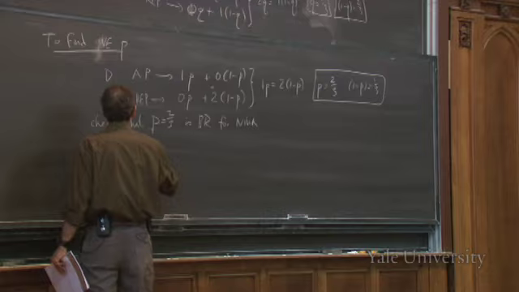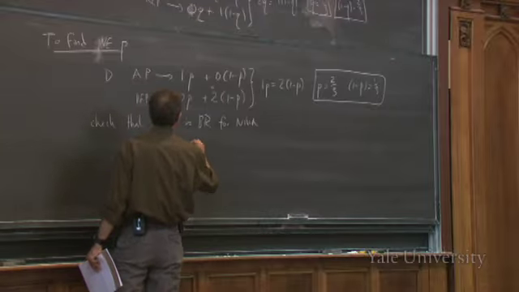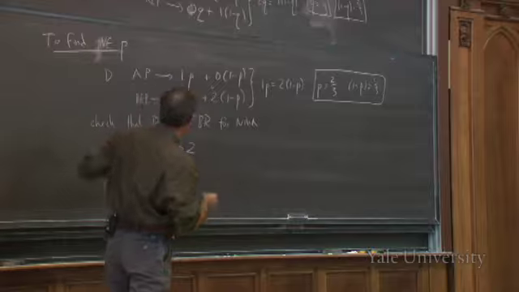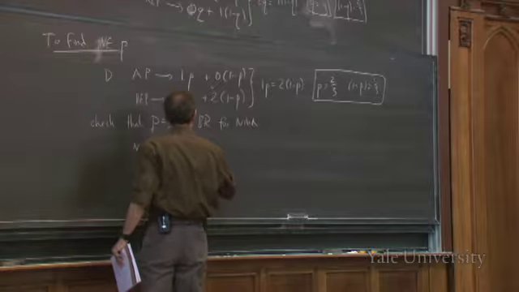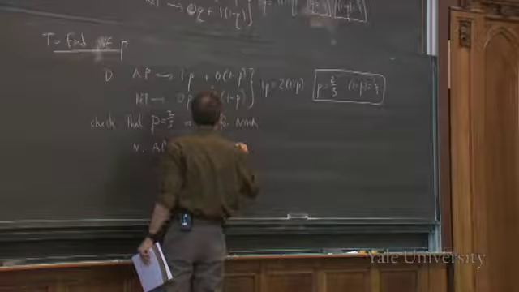For Nina, if she chose to go apple picking, her payoff now is 2 times q, but q is equal to 1/3, plus 0 times 1 minus q.